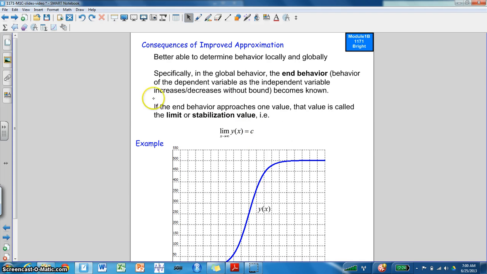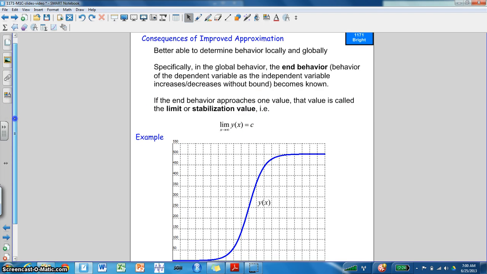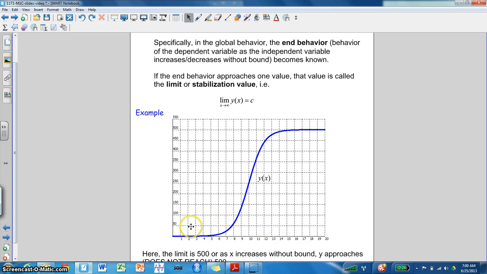So an example here, if you recognize this function, is the graph of a logistic function. This is our graph of y of x. We see that as x increases, it gets very, very close to 500. And granted, it only goes up to 20, but if you were to follow this all the way out, it does not cross 500, it approaches it.